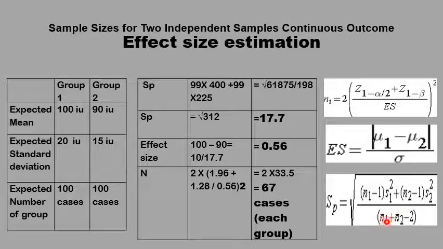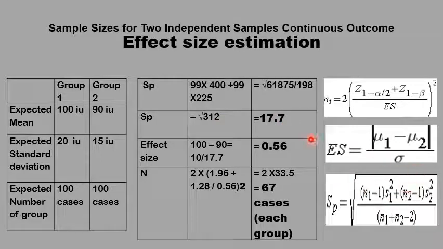Divided by 100 here, 100 there, minus 2 equals 198, and from this you would get a figure divided by 198. This is 312, and you take the square root of this, and it is 17.7.